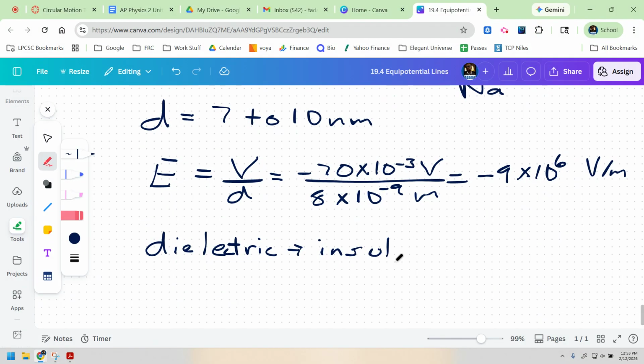Because if you just did air, right, the air would break down. So you have to have something in between the plates that would allow for the distance d to be close together, almost a small part, but you don't want the air. They can't touch. But you could still pass these electric fields through the insulator, so to speak. So not only does the smaller distance make the capacitance greater, but many insulators can withstand greater electric fields than air can before breaking down.